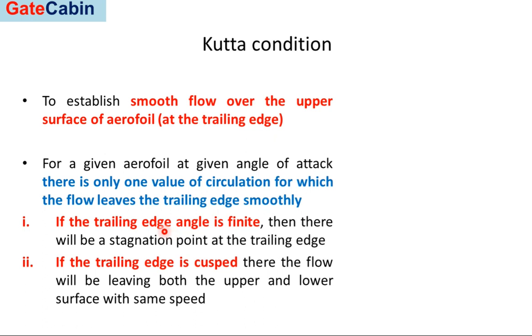And there are conditions for when the trailing edge is pointed and straight, and second, when it is curved or bent in the shape of an S. We'll talk about this in coming classes.